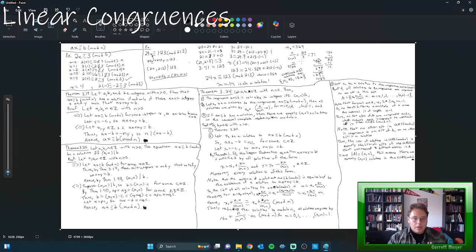You can start applying this to any sort of equation that you could come up with. Now, some of them won't work. Remember the condition in Theorem 3.20: sometimes you won't have a solution if the GCD doesn't divide b.